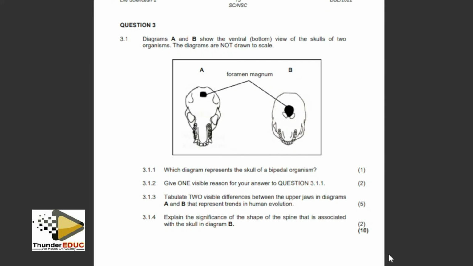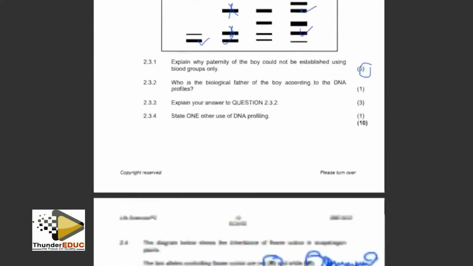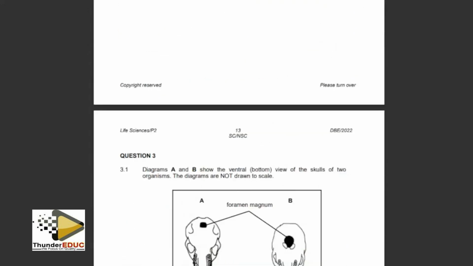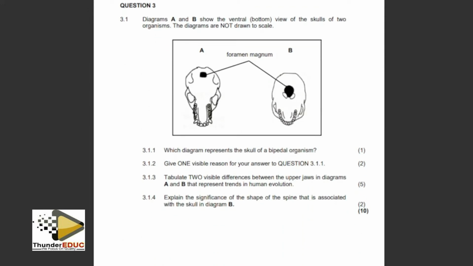Number 2, they're saying which diagram represents a skull of a bipedal. Now we have 3 factors which affect bipedalism, of which they can ask you the advantages of bipedalism.